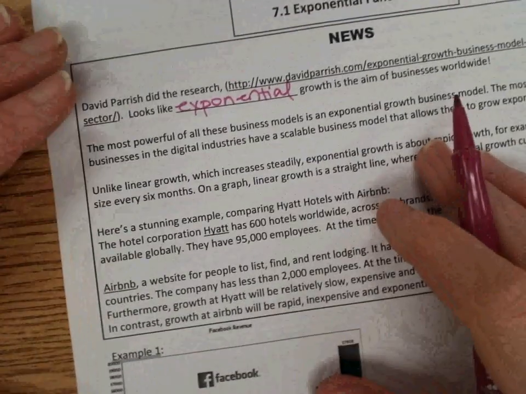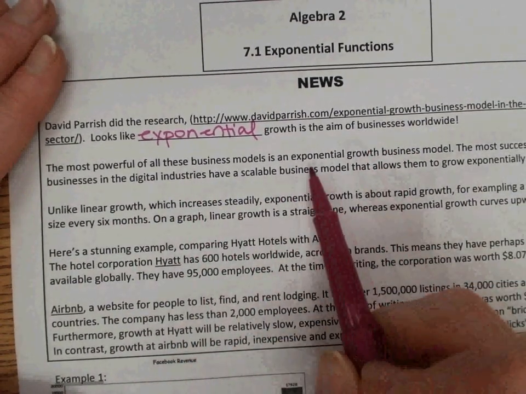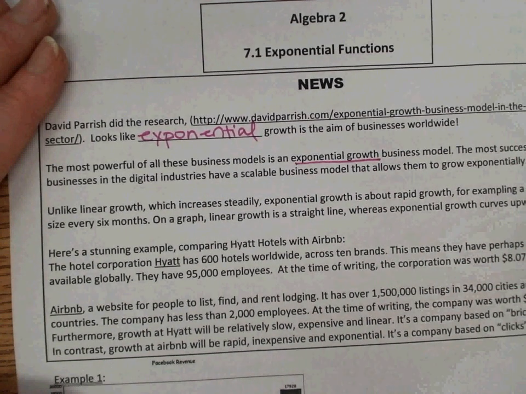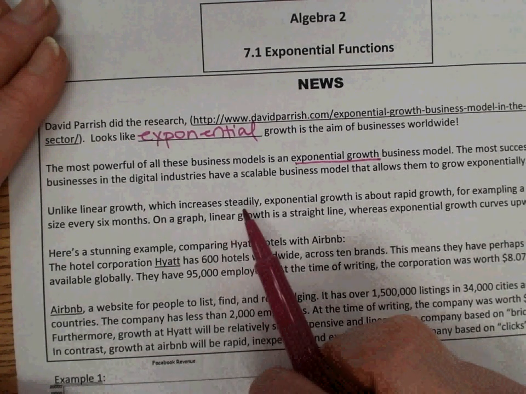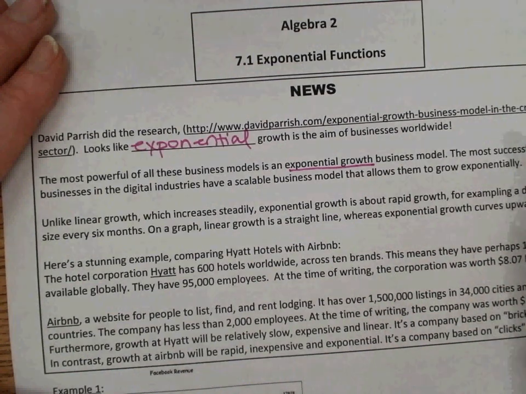The most powerful of all these business models is an exponential growth business model. These are quotes from this article. The most successful business in the digital industries have a scalable business model that allows them to grow exponentially.